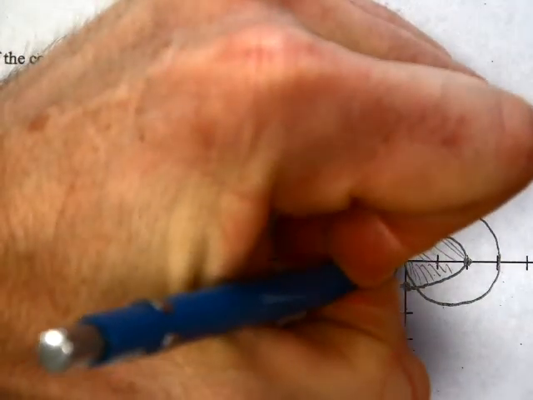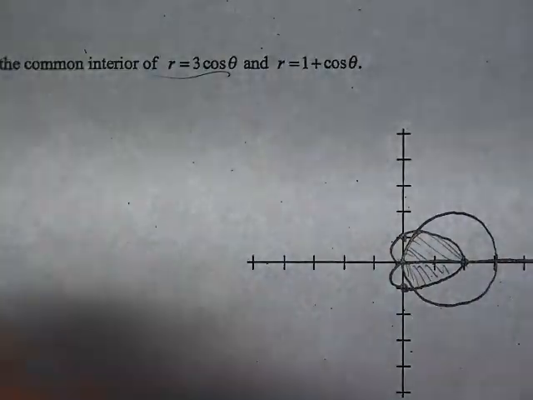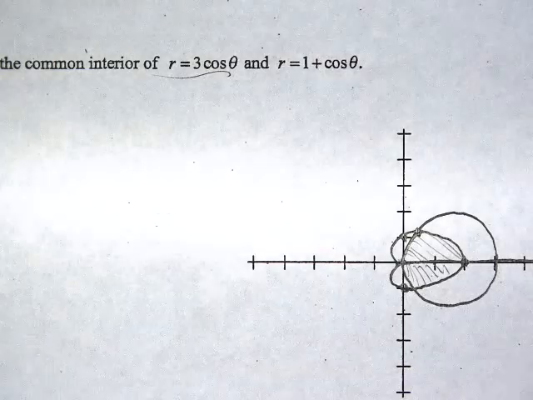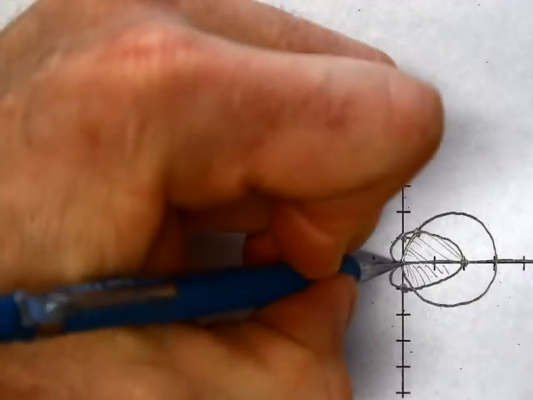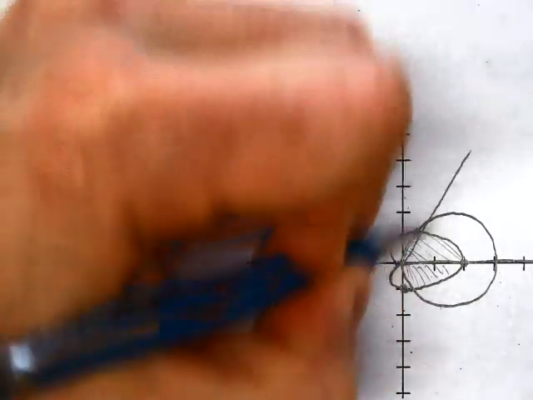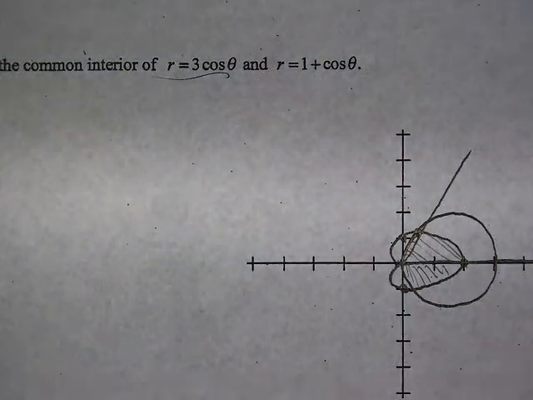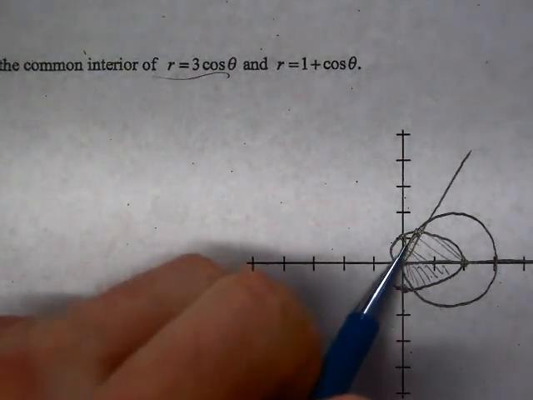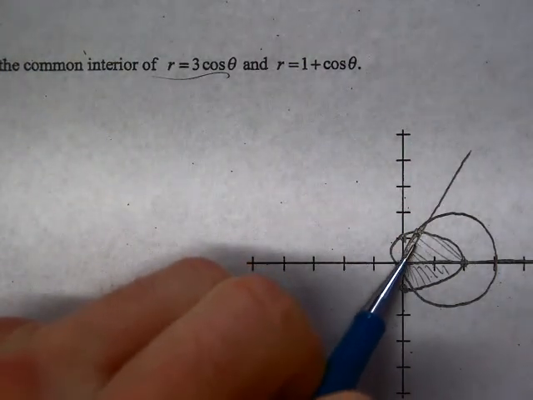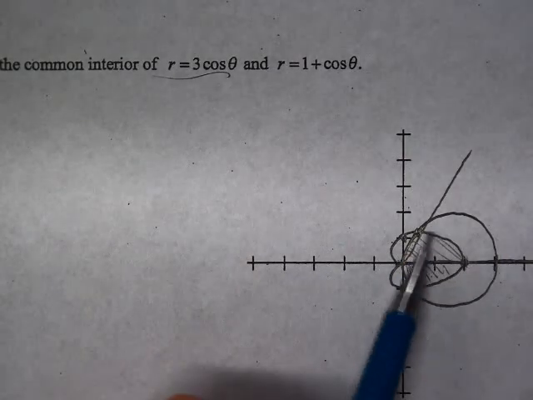Now, if I integrate from 0 to where these intersect, I'm going to get almost the whole shape. That's a little off, as you can see, but there's this little crescent right here that I'm not going to get when I integrate from 0 to the intersection.